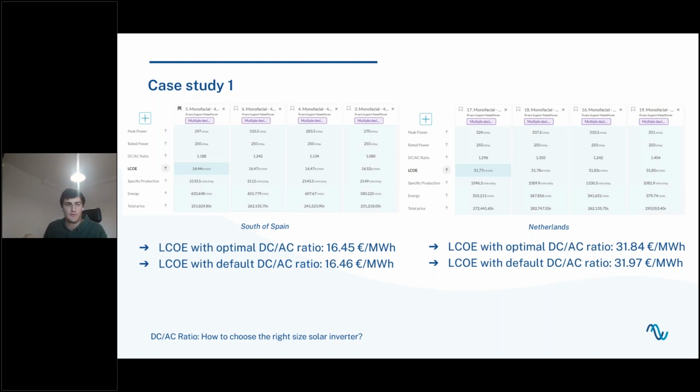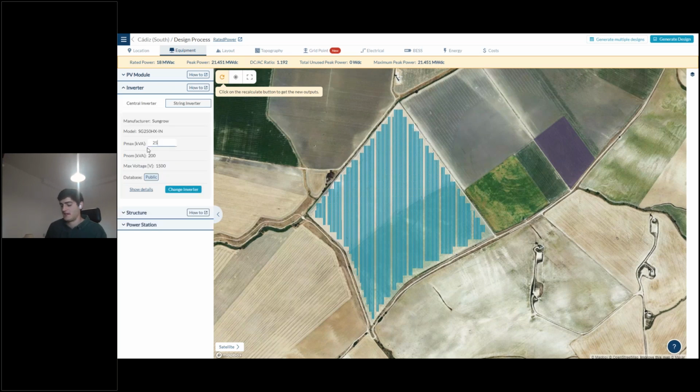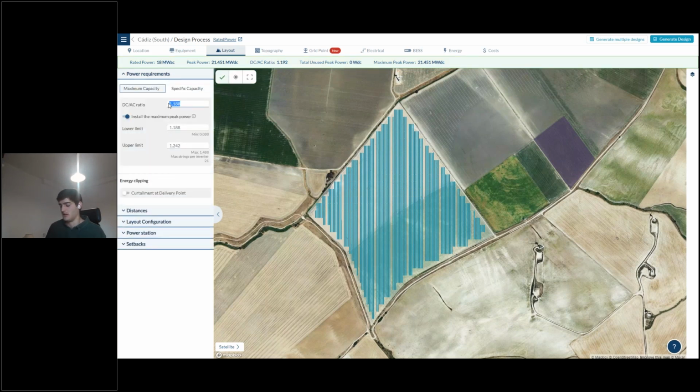Some inverter manufacturers allow ratios of up to 2.0. Will this be reflected in your software? So here in the software, the value that we are taking as the maximum apparent power that the inverter can have is the value that we get from the manufacturer. And the maximum ratio that we accept in the software will be 5, if I'm correct.